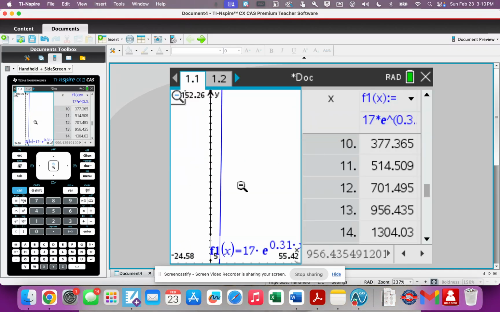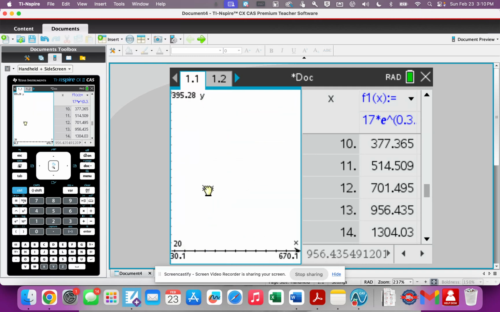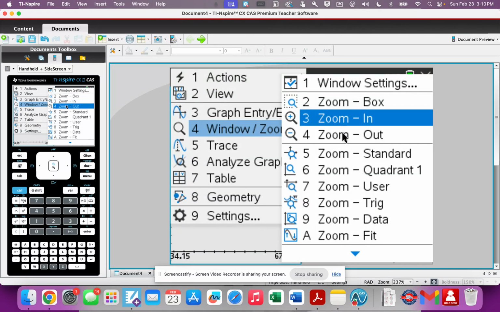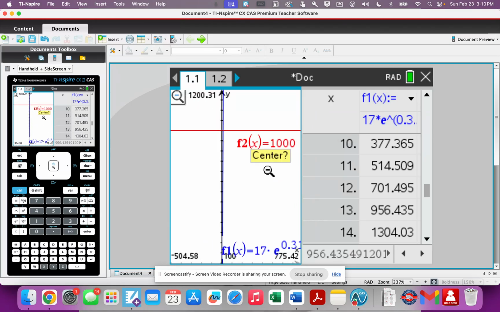Nope. Still not. Menu. Zoom. Out again. Getting close. There we go. Now I've actually found where they meet. All right. So what I need is the intersection point.